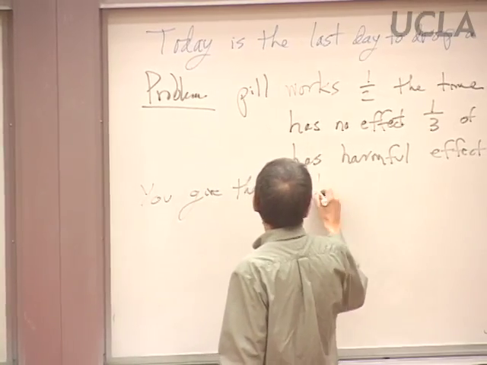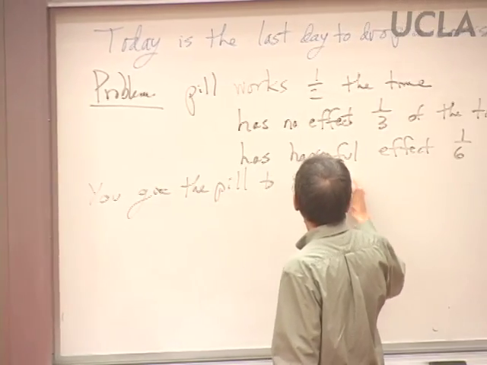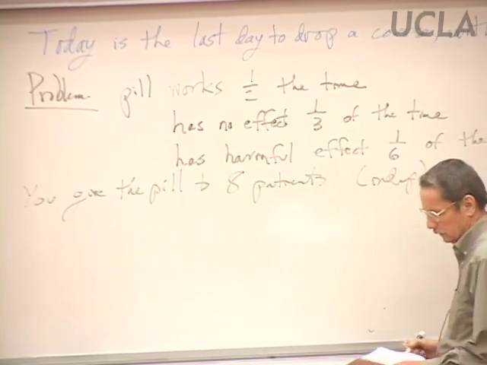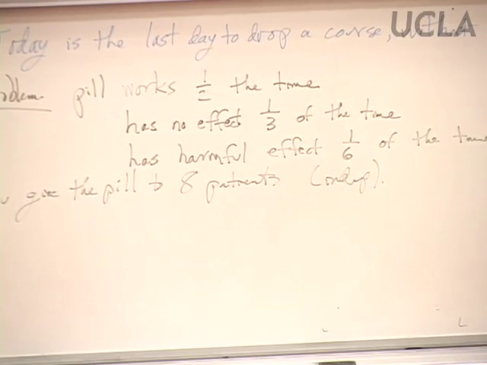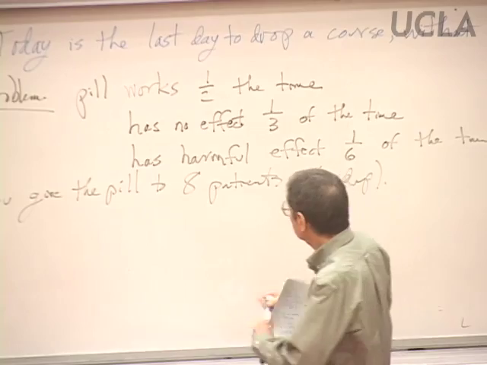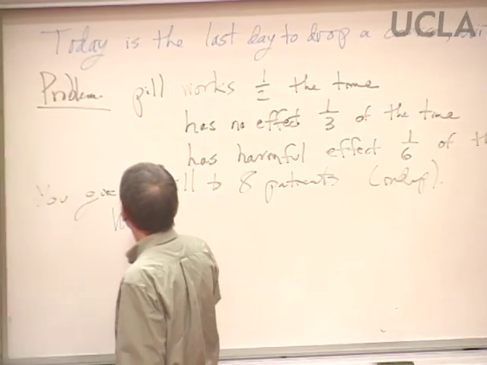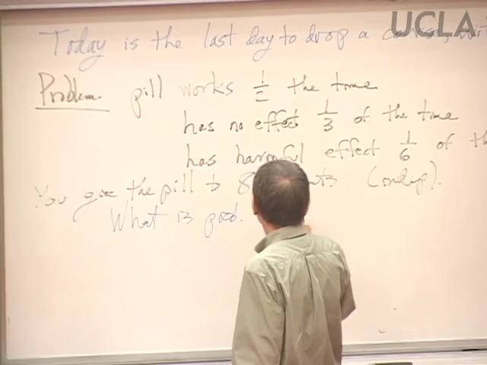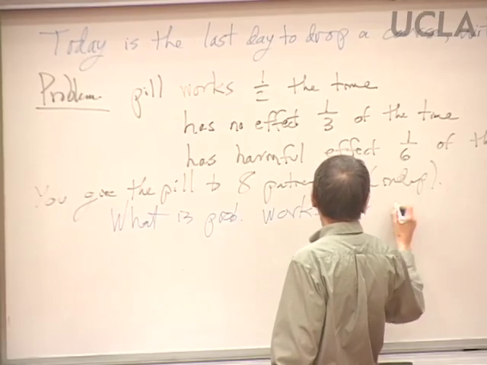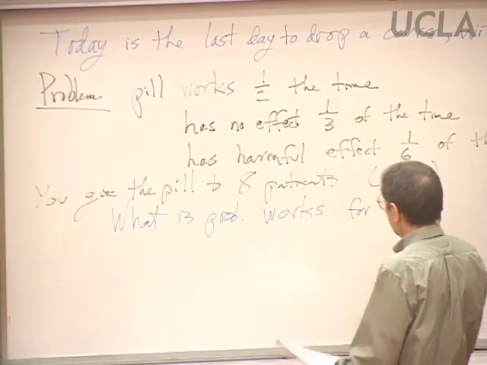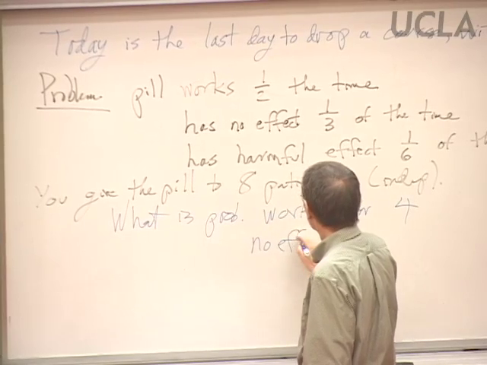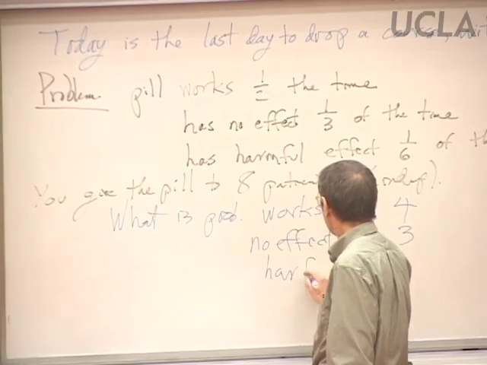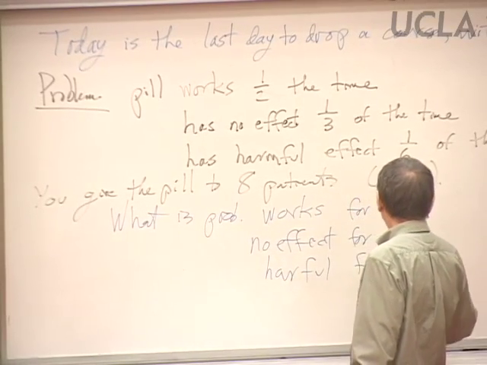So we give the pill to 8 patients. And presumably the patients are all independent. And we might want to find the probability of, say, that it works for 4 of the patients, has no effect for 3 of them, harmful for 1 of them.